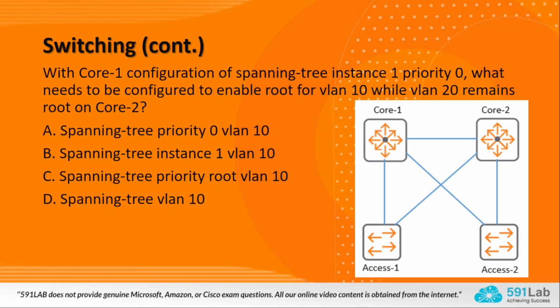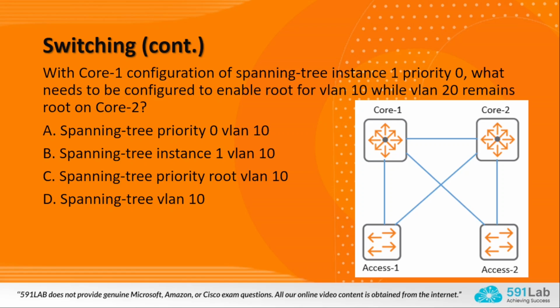With core 1 configured with spanning tree instance 1 priority 0, what needs to be configured to enable root for VLAN 10 while VLAN 20 remains root on core 2? Okay, so we have to focus on VLAN 10 and core 1. This is regarding multiple spanning tree protocol, which is the default STP mode for AOS-CX switches.